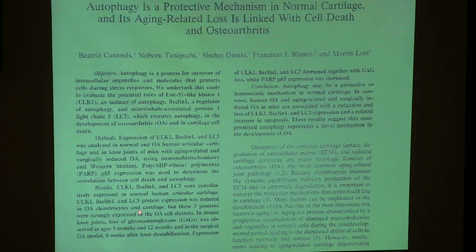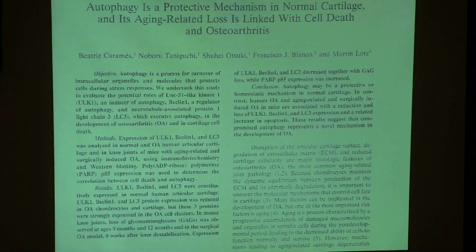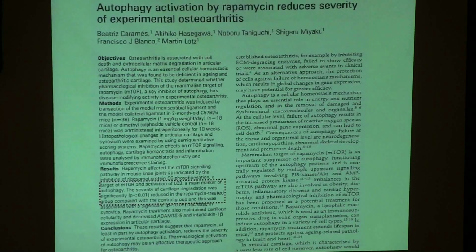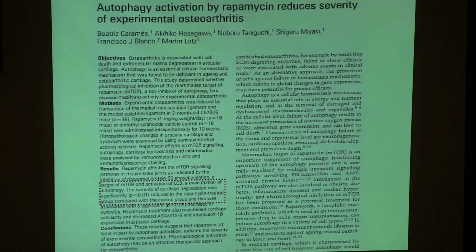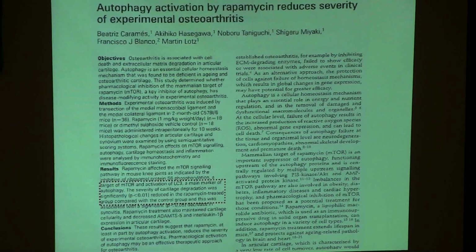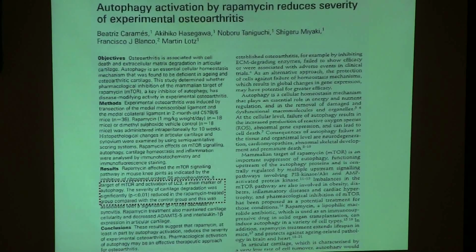They showed that critical markers of autophagy such as ULK1, which is the most upstream inducer of autophagy, are dysregulated, and as a result there is a compromised autophagy process in articular cartilage. They also showed that when you treat mice with rapamycin, you can induce the autophagy process, increase autophagic vacuole formation, and as a result reduce the severity of articular cartilage damage, which they showed in an experimental osteoarthritic model.